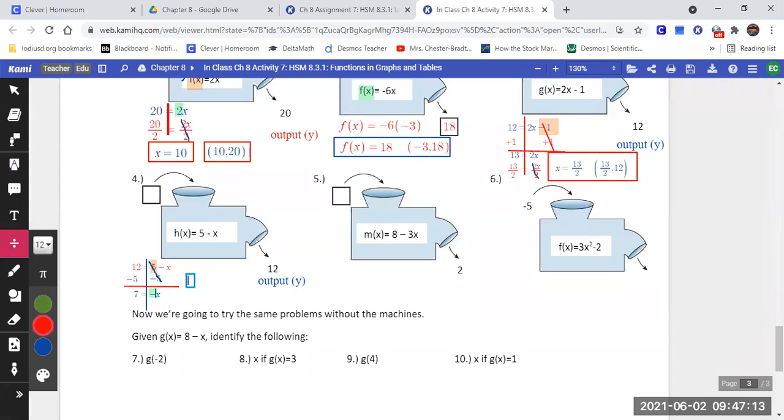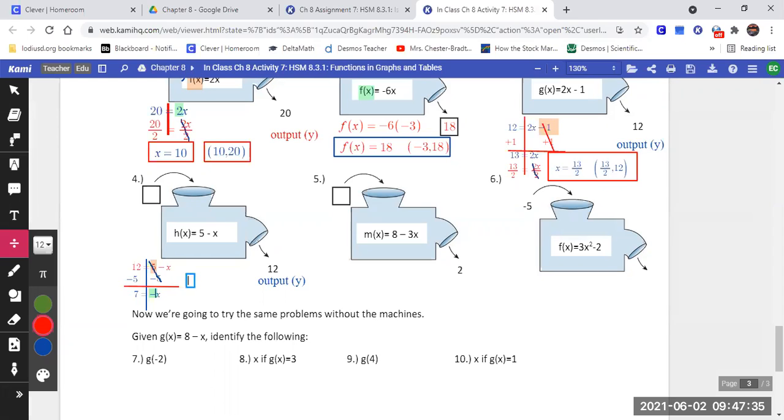Same as if it was a 5 in front of the x. Just this time it's a negative 1. So what are we going to do? Not by 1, by negative 1. You've got to take the entire number.